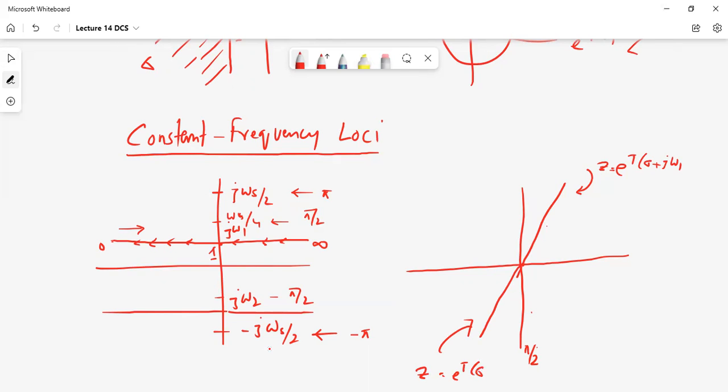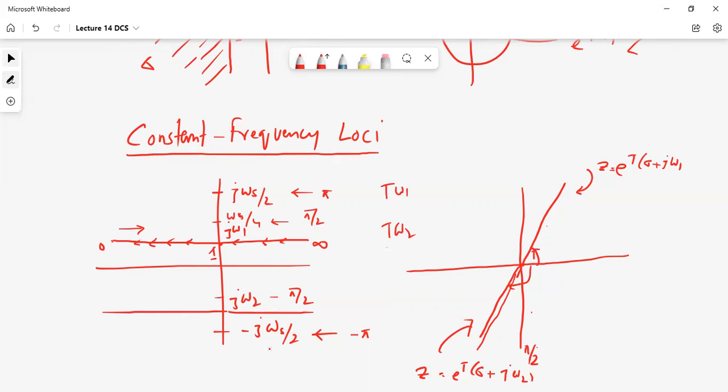Any value of sigma you can take, and based on that, the length here will depend on it. As you know, omega is related to angle, so T omega 1 and T omega 2 are the angles, and based on that you can calculate these angles.